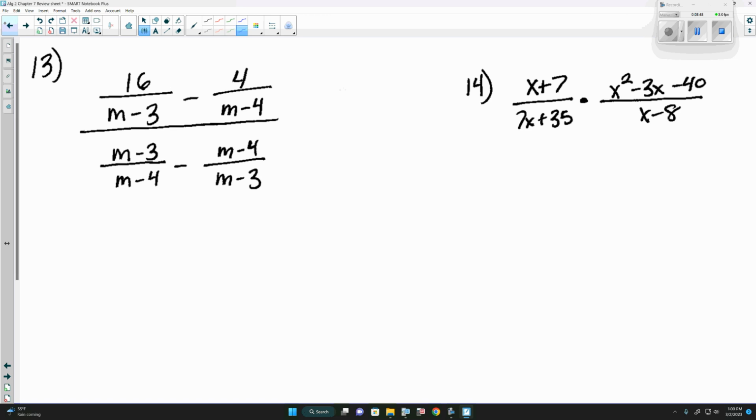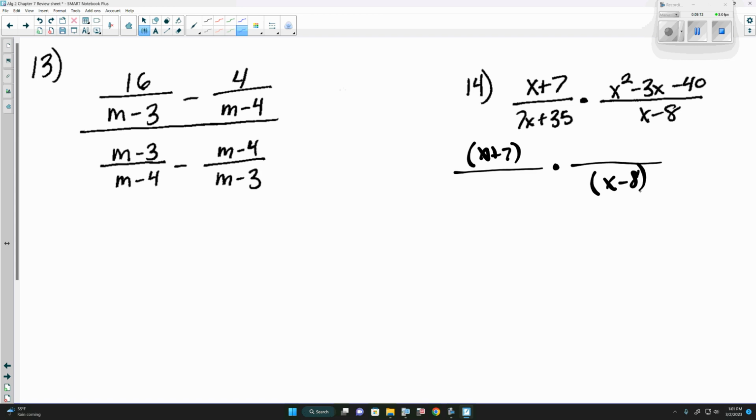14. Whenever we multiply two fractions, two rational expressions, the first thing we need to do is factor every single one of them that is factorable. Now the x plus 7 on top and x minus 8 on bottom are as simplified as they get. We don't have to do anything to either one of those. So we need to factor the 7x plus 35.